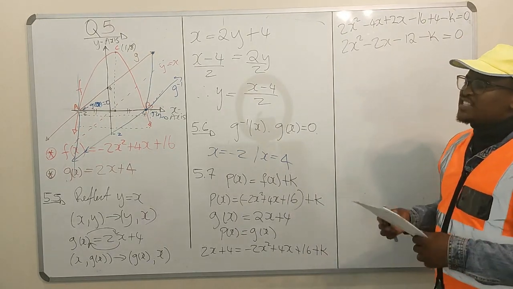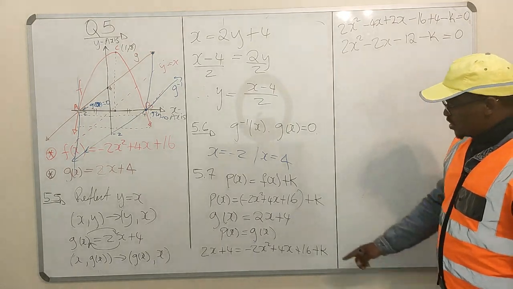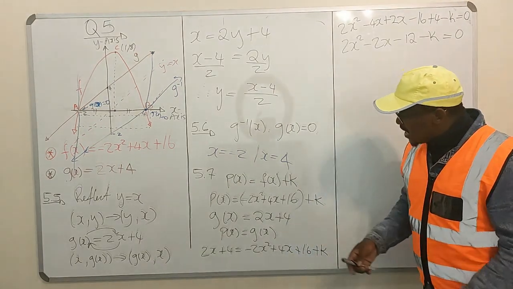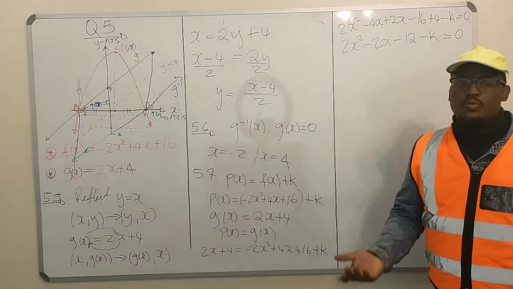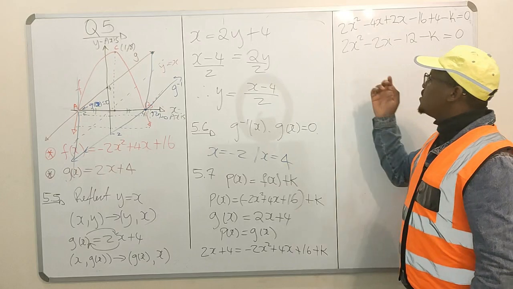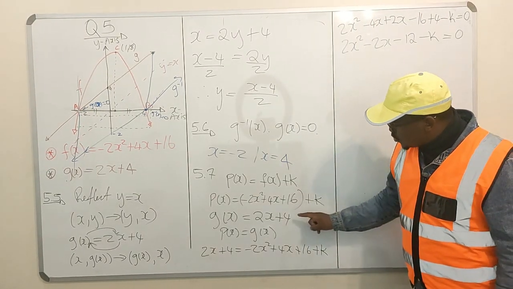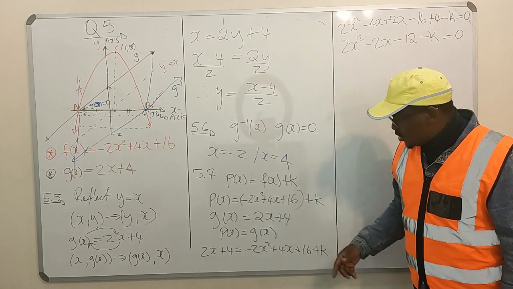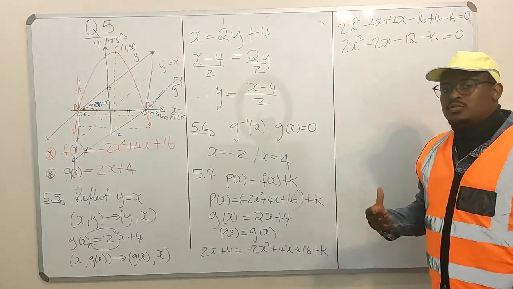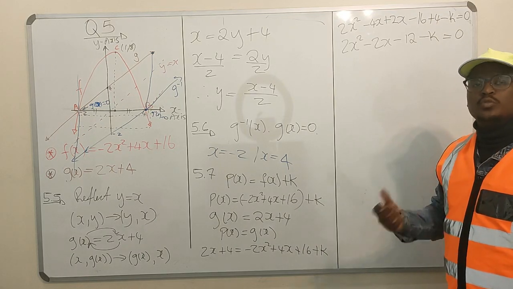If we are saying these two equations should not meet, that means this equation should have no real solution. If we want g and p not to meet, that means they must have no solution.